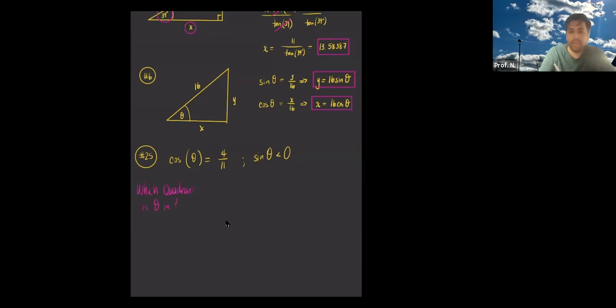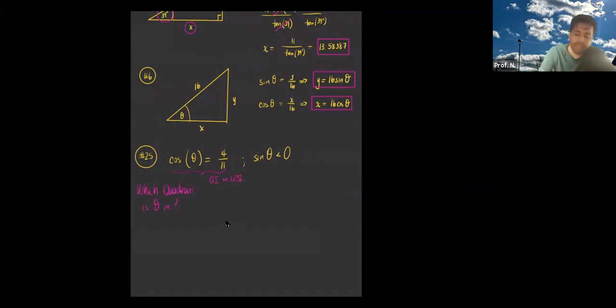To do that, you have to figure out where cosine is positive. Cosine is positive in quadrant 1 or in quadrant 4, right? That's where cosine is positive.